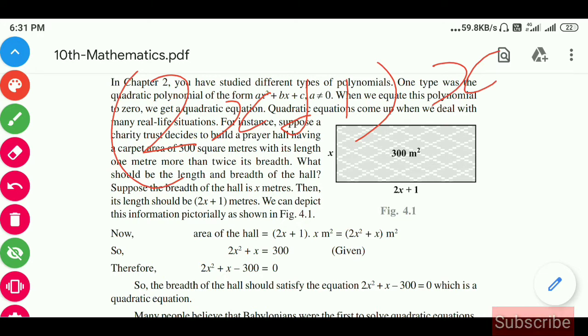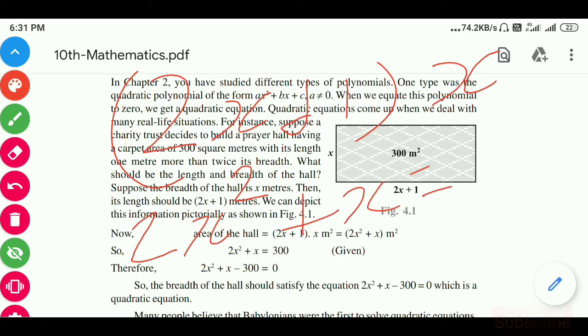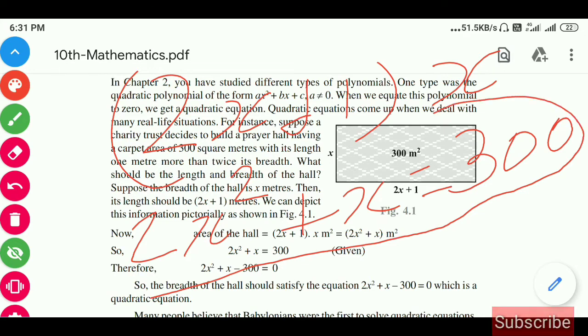If we expand this, we get 2x square plus x, and we are given that the area is 300 square meters. That is, 2x square plus x equals 300.